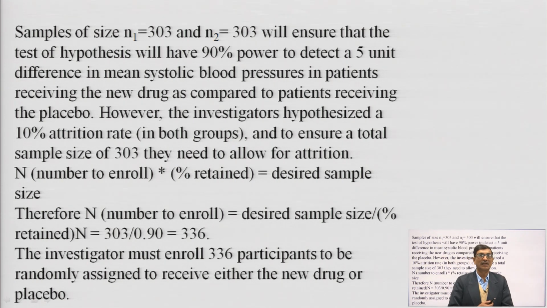However, the investigator hypothesized a 10% attrition rate in both groups, and to ensure a total sample size of 303, they need to allow for attrition. The number to enroll times the percentage retained equals the desired sample size. Therefore, n equals 303 upon 0.9, which is equal to 336. So, the investigator must enroll 336 participants to be randomly assigned to receive either the new drug or a placebo.